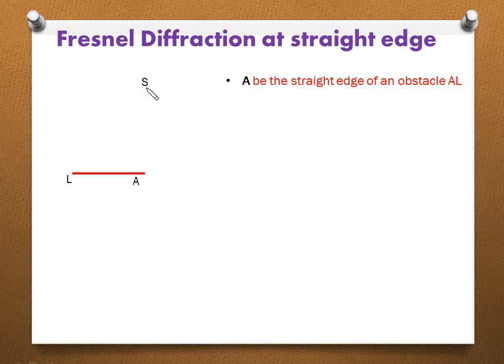If a slit is placed perpendicular to this screen, you will see only one point, and that's this point. For the obstacle, we will see a line. So this is the obstacle AL, and A is the straight edge.